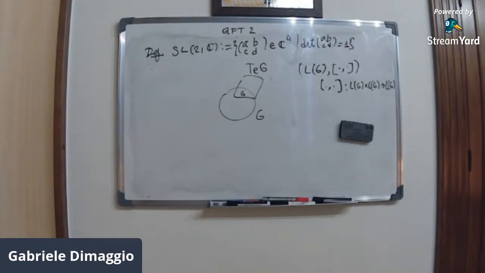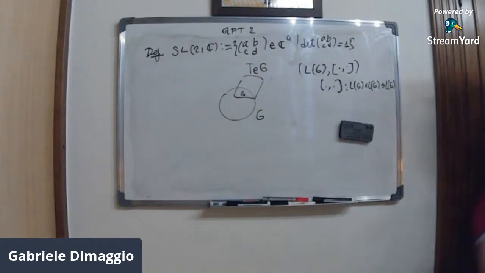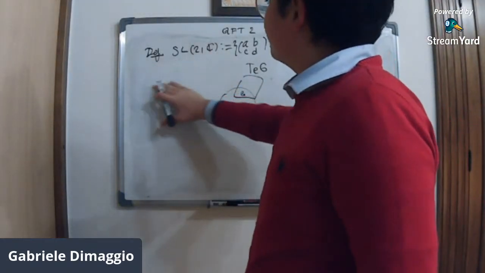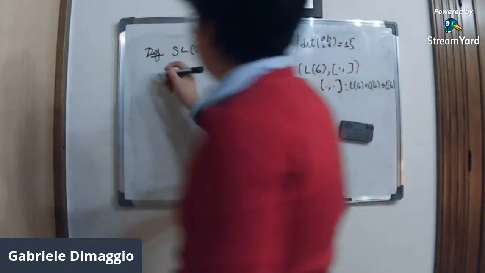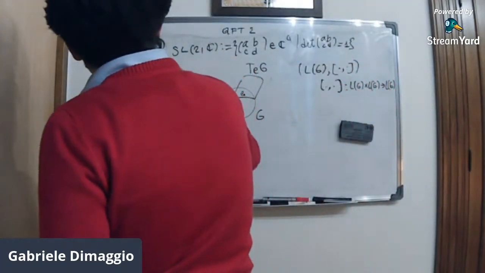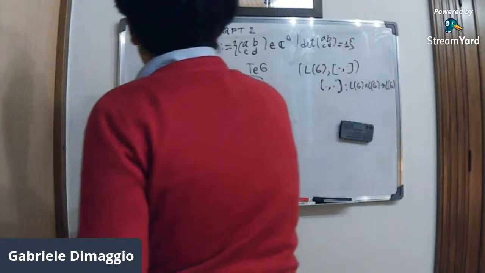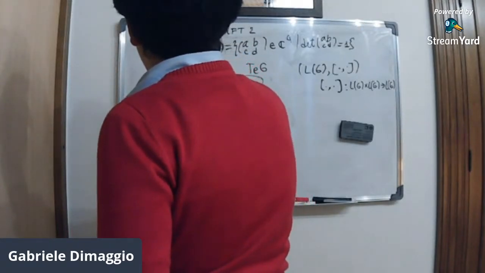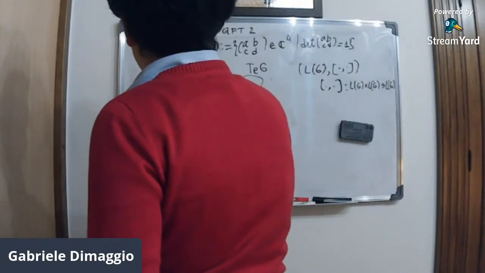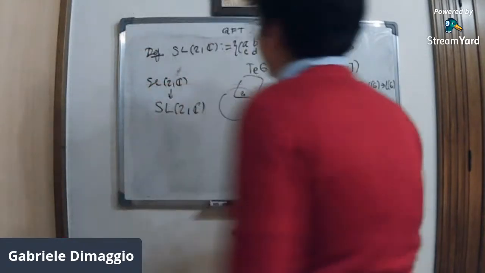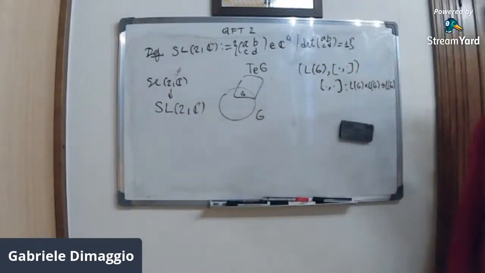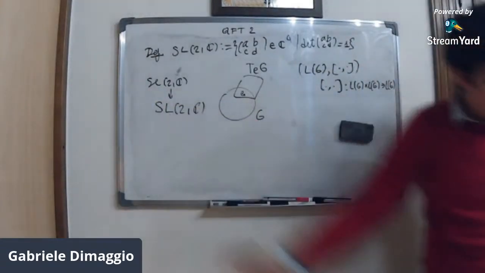For example, in the case of SL2C, this is a Lie group, and I can write the Lie algebra of this group in this way: the Lie algebra sl2C of the group.